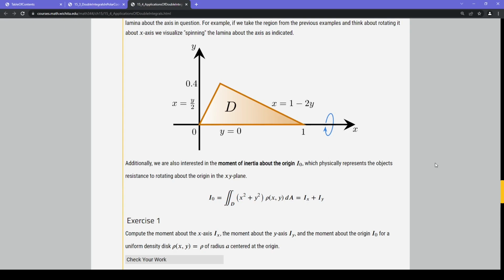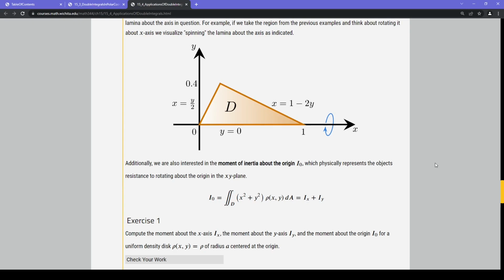The moments of inertia here do have one additional wrinkle in that we also care about something called the moment of inertia about the origin, which in your physics textbooks, the formulas that were quoted to you about the moments of inertia of those three-dimensional objects are the moments about the origin.